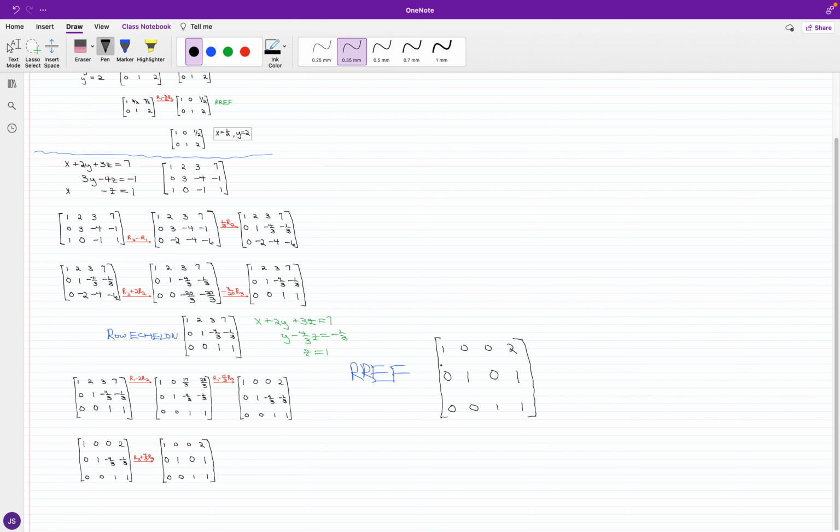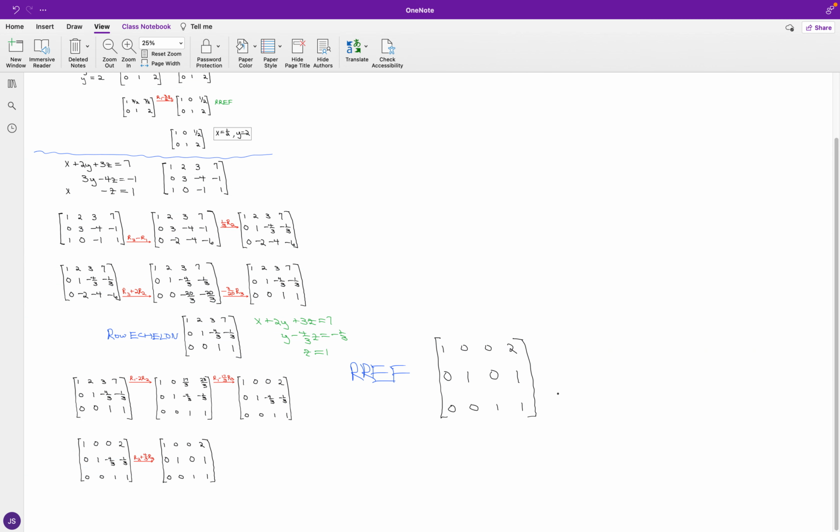For the solution, 1, 0, 0, 2 means that x is equal to 2. 0, 1, 0, 1 means that y is equal to 1. And the 0, 0, 1, 1 again stresses that z is equal to 1.